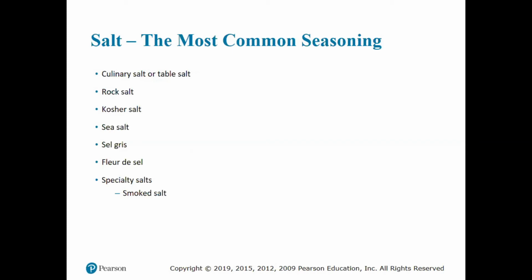The two big ones, the sel gris and fleur de sel, are both French in origin. They actually come from the same place. They put the water in those shallow pools and let the water evaporate. Well, the light flaky stuff actually floats on the top once enough water is evaporated, and that's removed, and that's the fleur de sel, flower of salt.